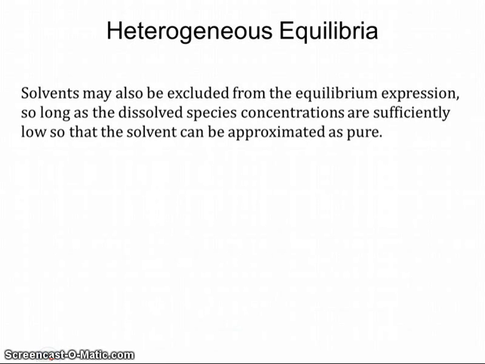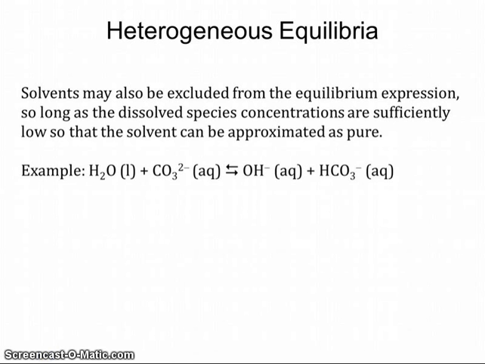Now, in heterogeneous equilibria, we can also do the following. I can exclude the solvents from that expression as long as the concentrations of anything dissolved in them is really, really low. If it's really, really low, we can approximate that they're pure, and the activity changes for the solvent will be very small, so we can omit them from the equilibrium constant. For example, if I'm looking at water reacting with carbonate to make hydroxide and hydrogen carbonate, I will find my H2O.